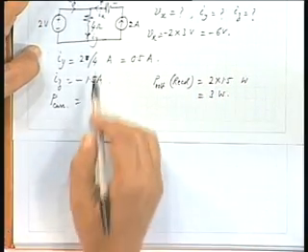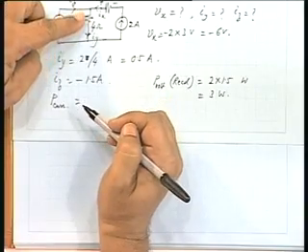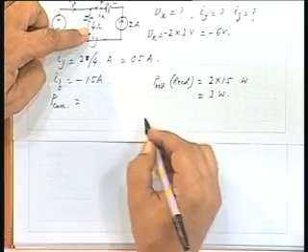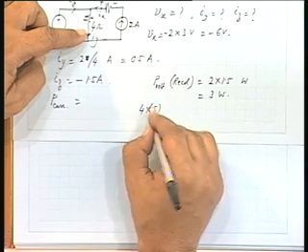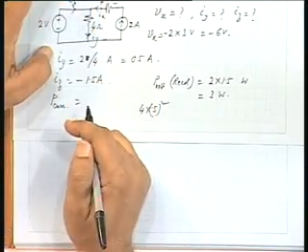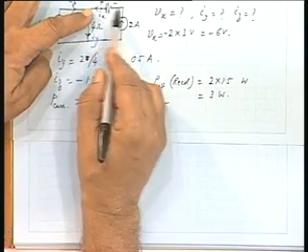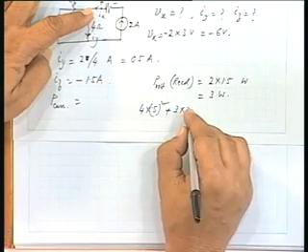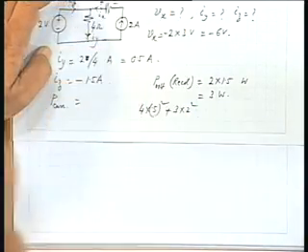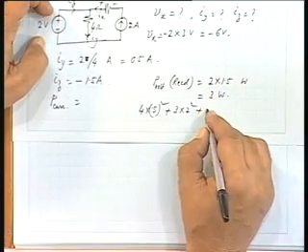Okay. How much is the power consumed by this? How much is the current Iy? 0.5. So, 4 into 0.5 squared is the power consumed here. Then 2 amperes, 2 squared into 3, that much power is consumed by this, and the power received by the voltage source is 3 watts.